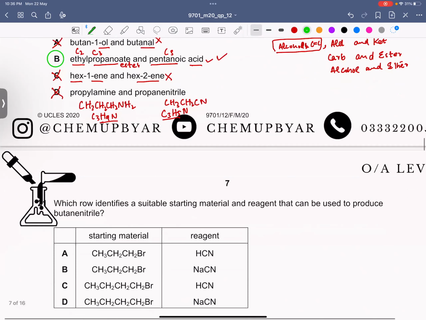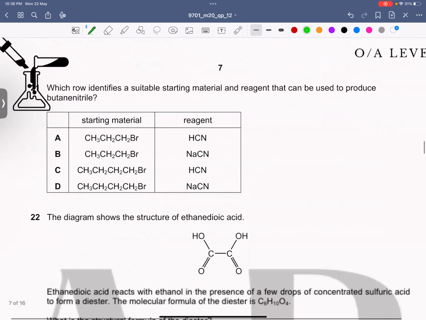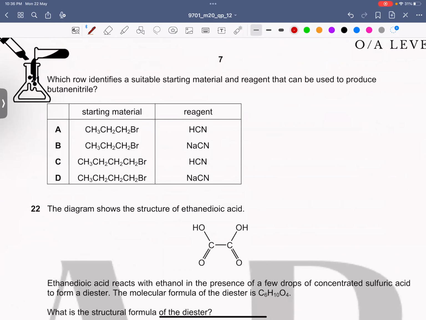Now, question number 21. Which row identifies a suitable starting material and reagent that can be used to produce butane nitrile? So, butane nitrile is C4. If I go for the structural formula, CH3, CH2, CH2, 3 carbons, and the 4th carbon is triply bonded with nitrogen.